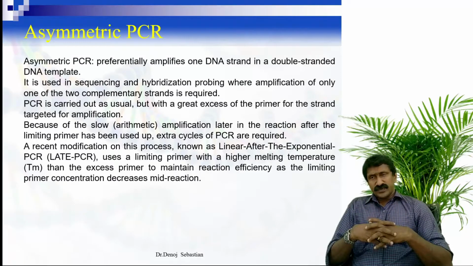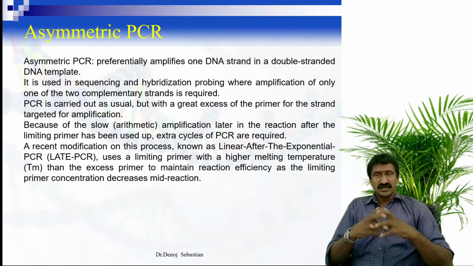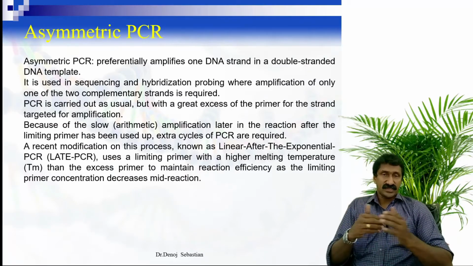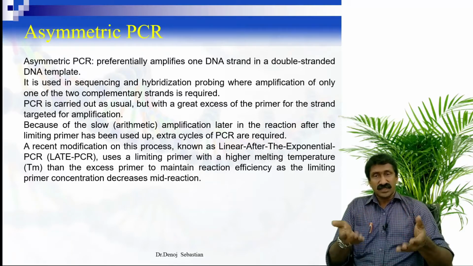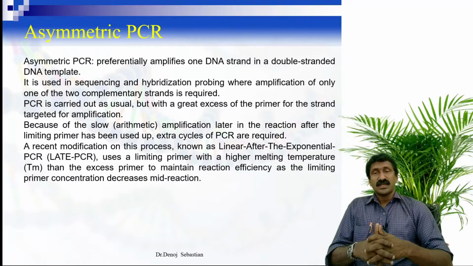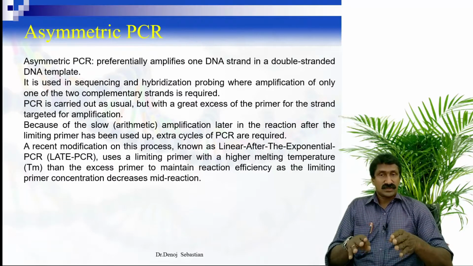And a recent modification of this process, known as linear after the exponential PCR, or LATE PCR, is used. It uses a limiting primer with a higher melting temperature, Tm, than the excess primer to maintain the reaction efficiency as the limiting primer concentration decreases mid reaction. After some time, after all of the limiting primer is consumed, the reaction almost stops.